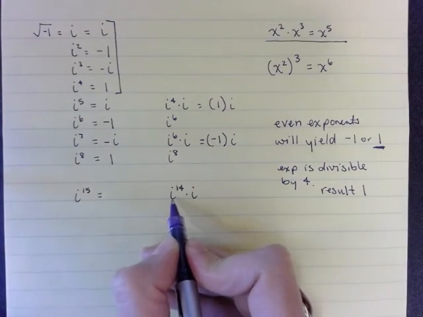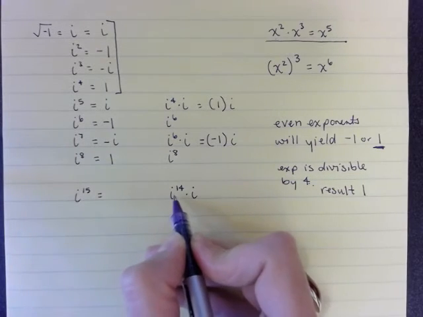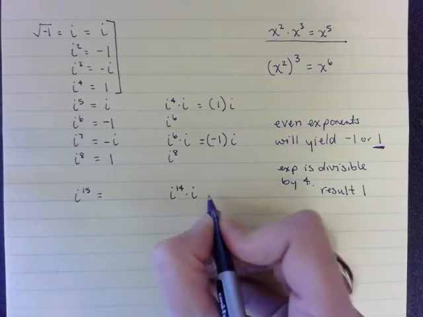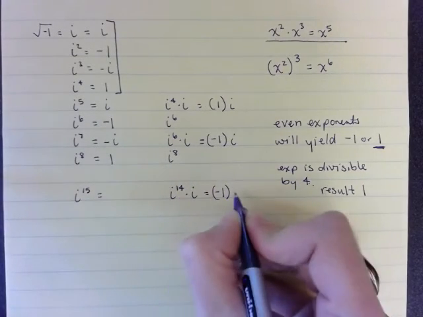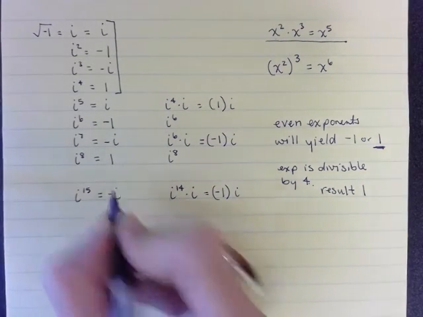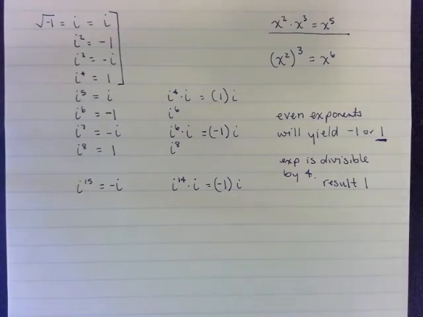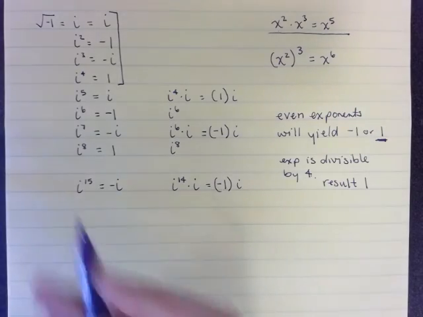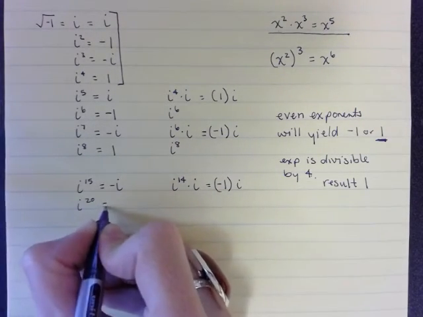What is i to the 14th? Is the exponent divisible by 4? No. So that means i to the 14th must equal negative 1. And negative 1 times i is negative i. I'm going to do a few more of these, and then I'm going to ask you to do some on your own. What about i to the 20th?